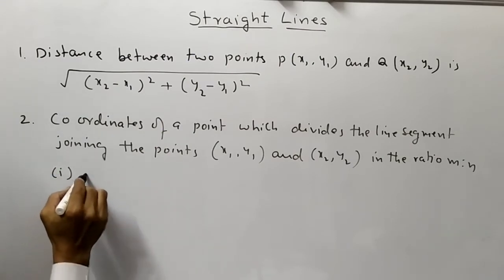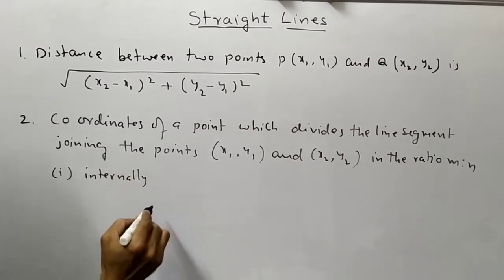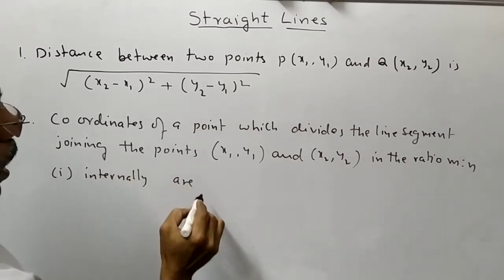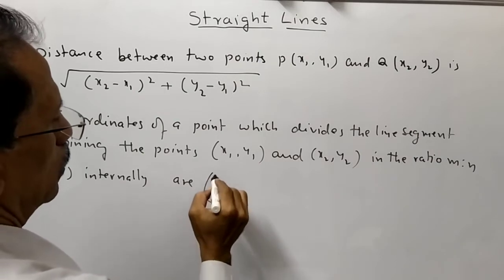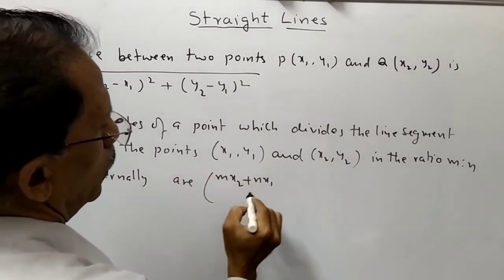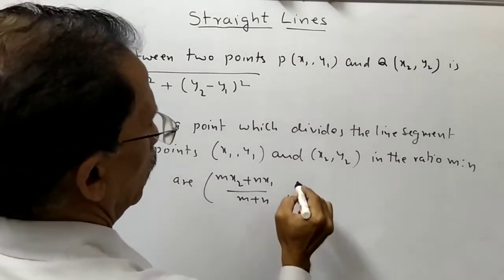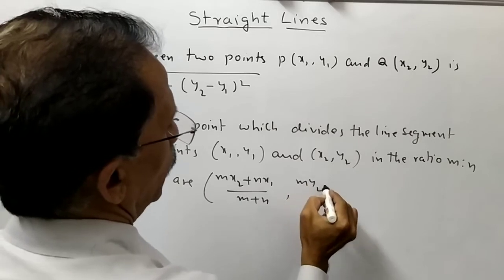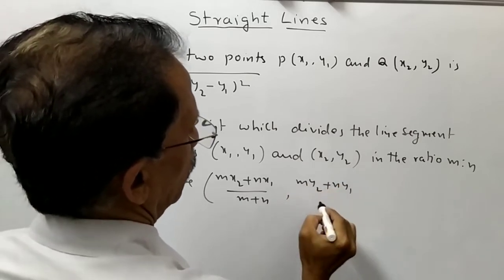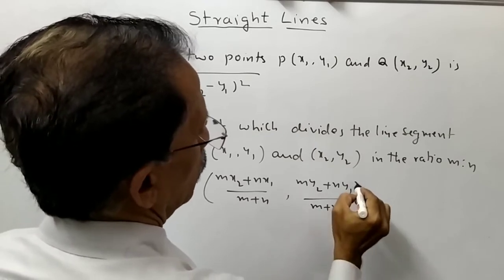Number 1, internally are mx2 plus nx1 divided by m plus n, comma, my2 plus ny1 divided by m plus n.